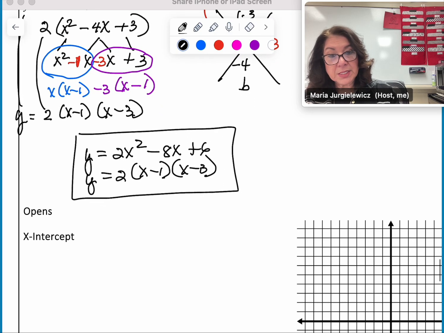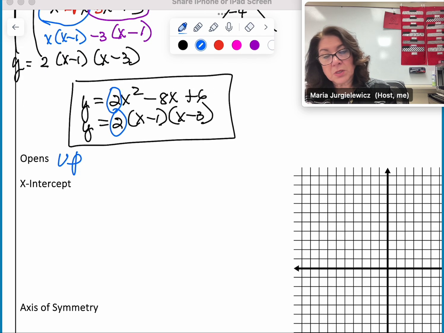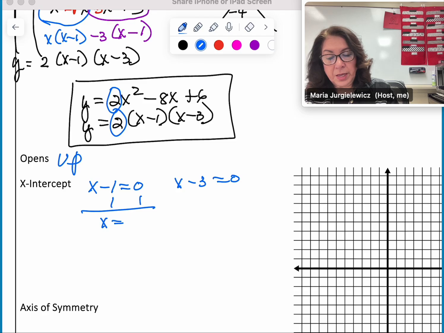All right, which way does it open? No matter which one we look at, it opens up. Now I need to find my x-intercepts. I'm going to use the second equation, the one that's already factored. It makes it easy. So x minus 1 is equal to 0, x minus 3 is equal to 0. We're going to add 1, so x is equal to 1.